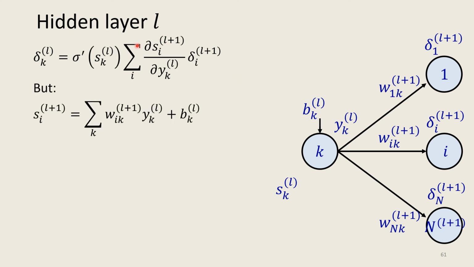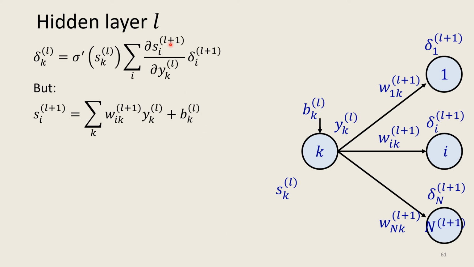But what remains is to simplify this factor in this summation. S_I^(L+1) is nothing but the net input of this neuron, which is summation W_IK^(L+1) Y_K^L plus B_K^L.